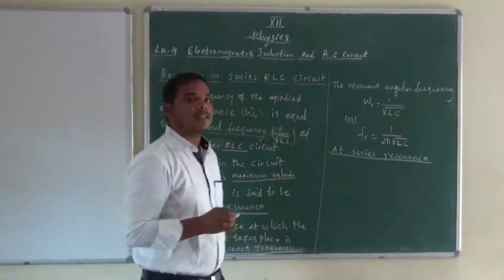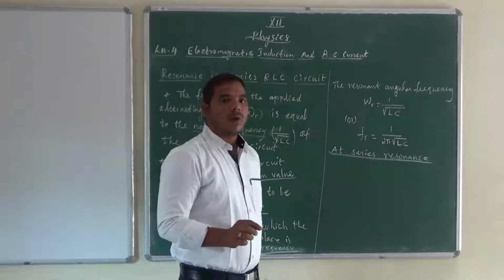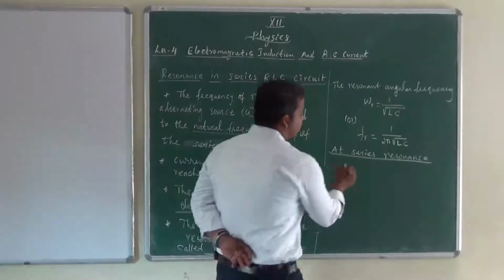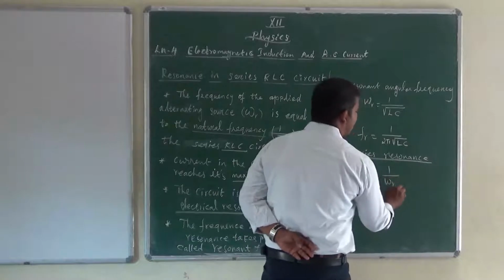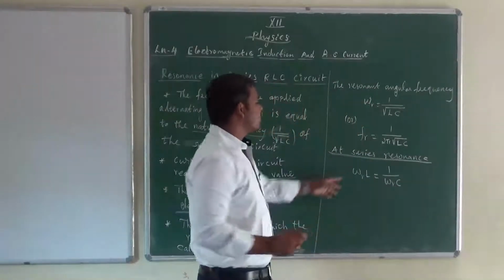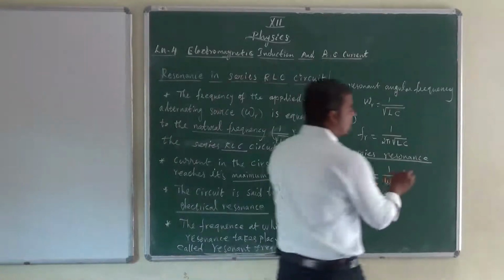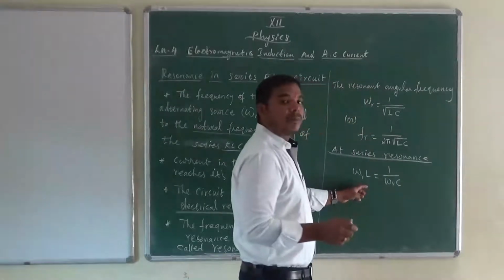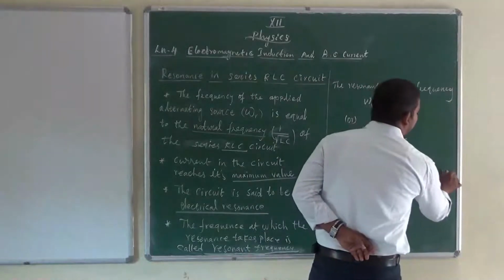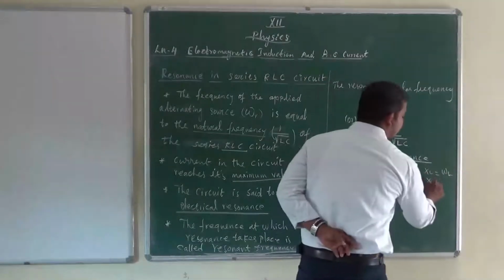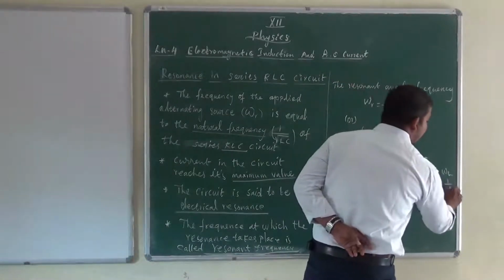The circuit is series and at resonance, it is nothing but omega R L equal to 1 by omega R into C. We have discussed in our previous class, AC circuit containing pure inductor and AC circuit containing pure resistance. See that, XL equal to omega L, isn't it? XC, the capacitive reactance, equal to 1 by omega C.